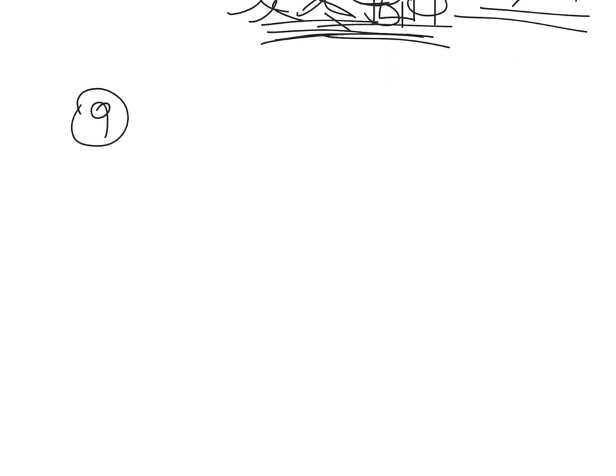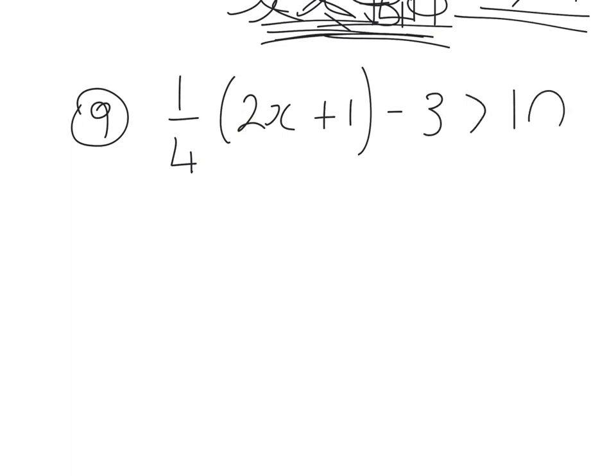Example 9: 1/4 of 2x plus 1, minus 3 is greater than 10. So the 4 is causing difficulty, so I can multiply that by 4 as well as all other terms by 4.